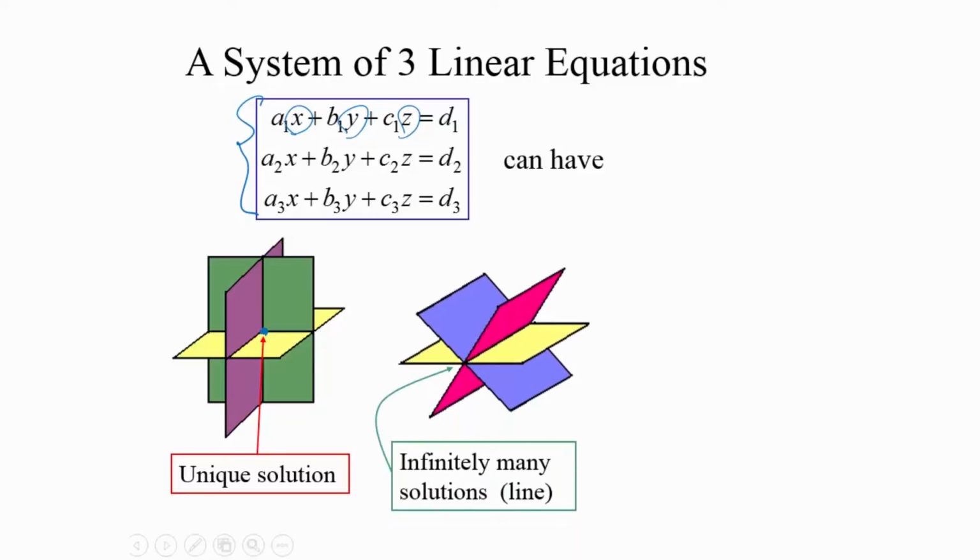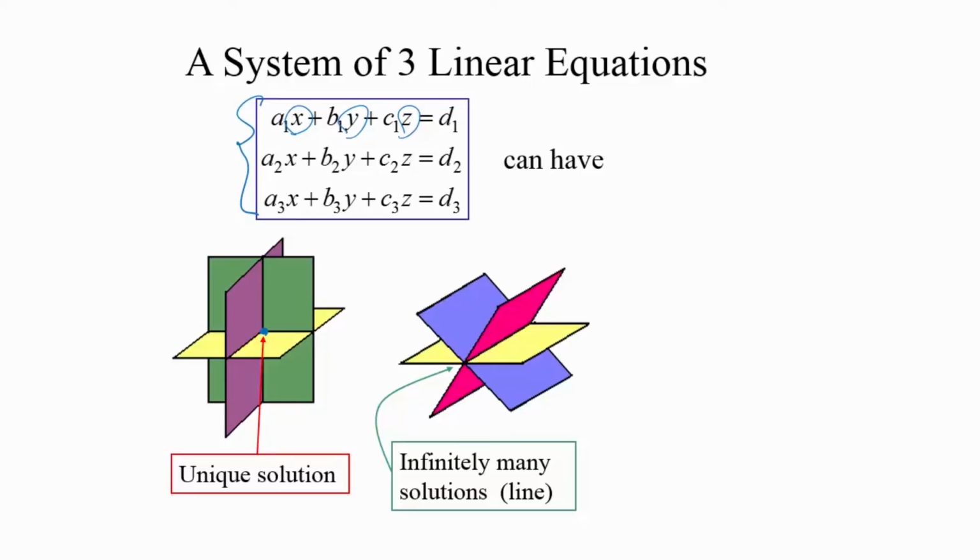Then another way is that these 3 sheets of paper, these 3 planes, cross each other on a line. A line has an infinite number of solutions. So you get infinitely many solutions, everything on the line.